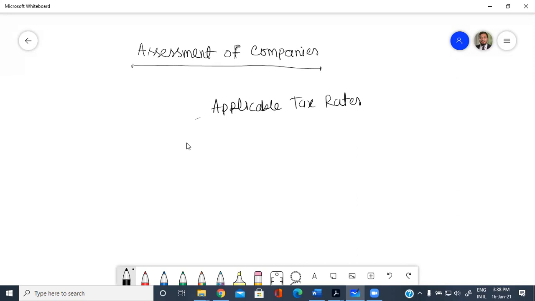I mean, the greater is to be paid always. And regardless of the profit and losses, whatever the status is, companies in general are liable to pay a minimum 0.6% of their gross receipt as minimum tax.